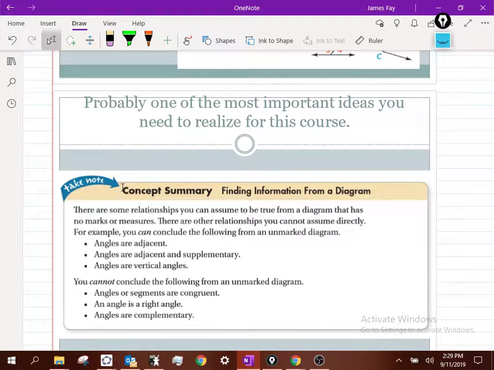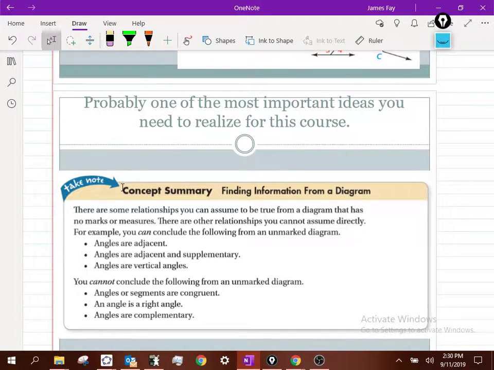First of all, it says there are some relationships that you can assume to be true from a diagram. Some relationships that you can look at a picture and know a fact from the picture. There's a very, very small list of things that you can assume from a picture. The first three bullets there are pretty much it, maybe a few others that we'll add throughout the year.